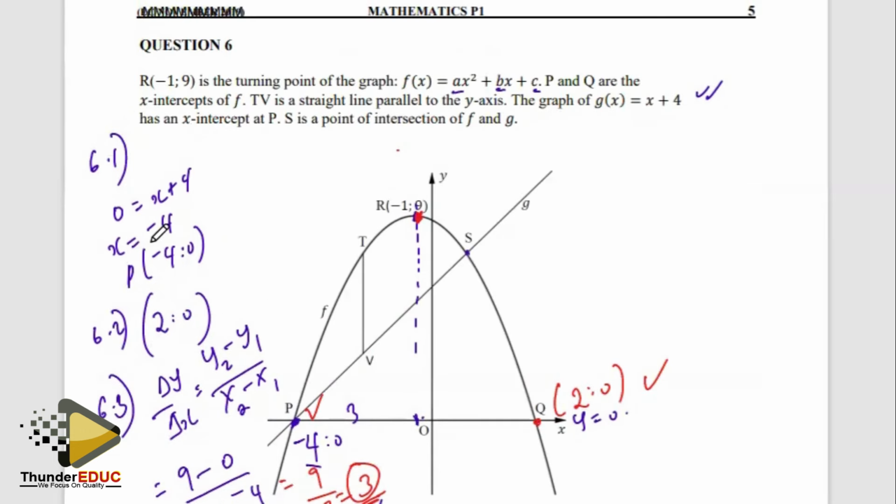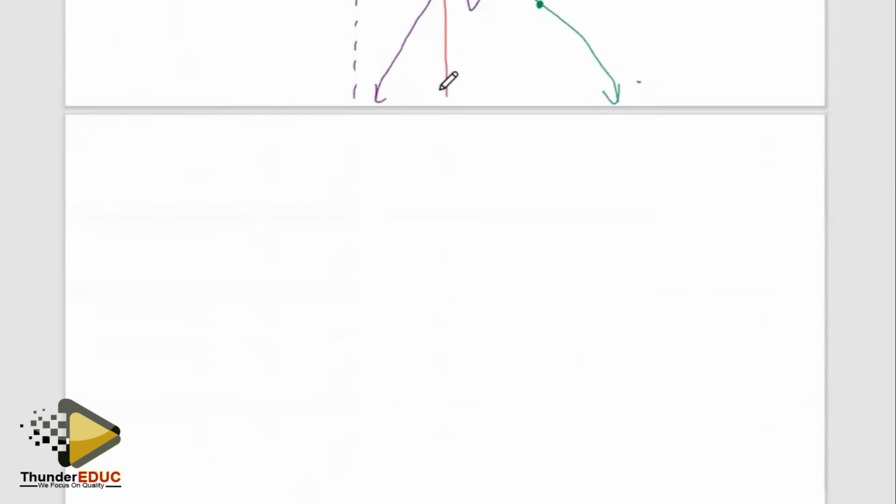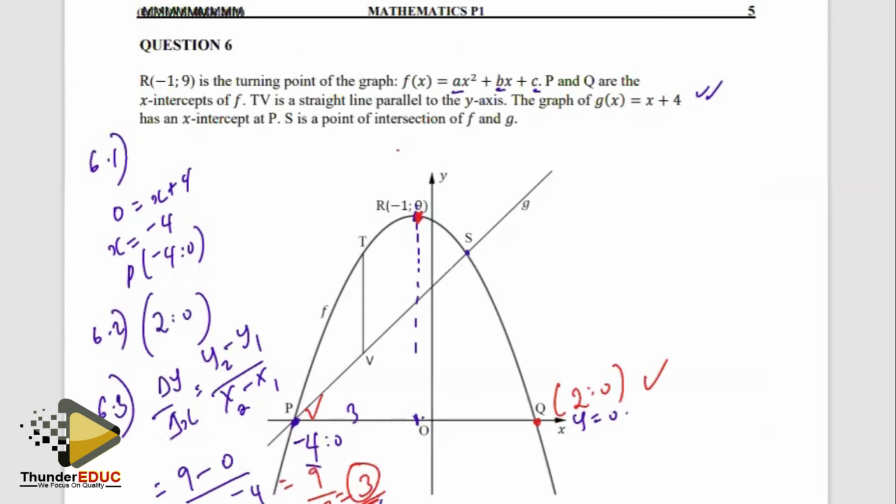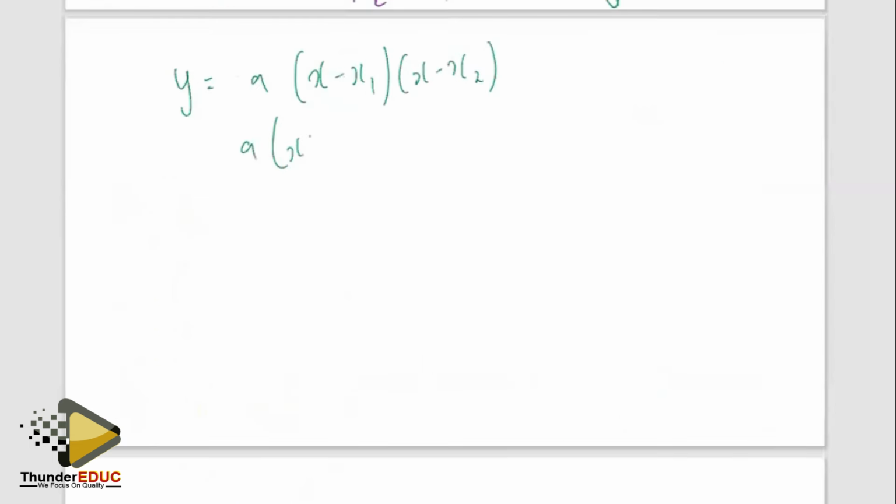If I use the intercept, I can say y is a times (x minus x1) times (x minus x2). So a into (x minus -4), which is going to be x plus 4, and then this is going to be x minus 2.